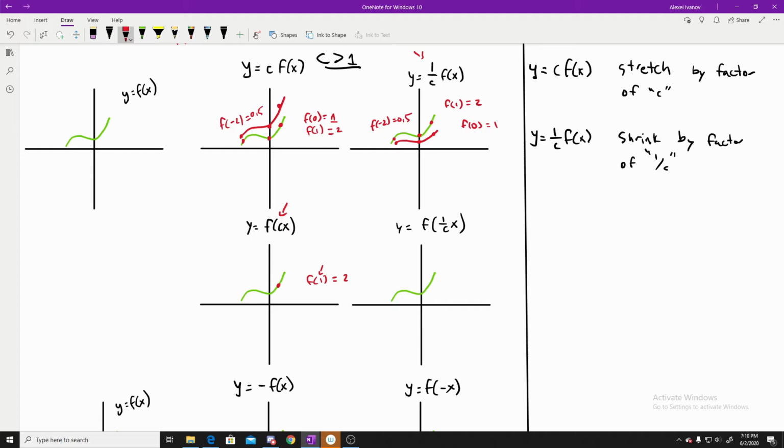So for the purposes of this, let's say that c equals 2. So now the new value that we would be getting is f of 2 times 1, which is f of 2. So all of a sudden, the value that we previously had at f of 2 is now in the spot of f of 1. The value of f of 2 is likely to be here, so we will now draw this value in the spot of f of 1.